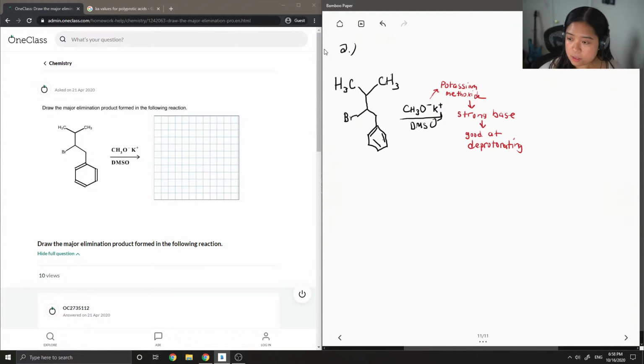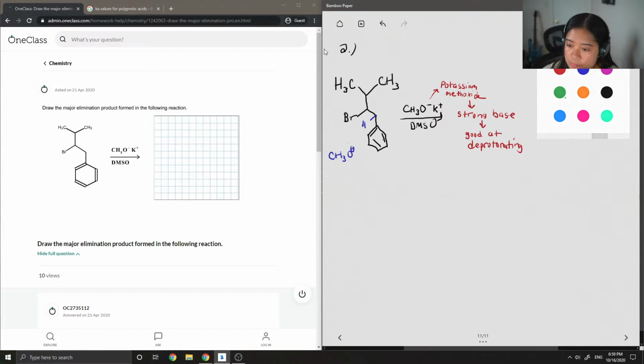Okay, so I believe there are two products that you could get. I'll show the major one first. So I'm going to draw hydrogen there. And I'm just going to draw our base coming in. It's going to deprotonate this hydrogen. This bond will form a double bond there.